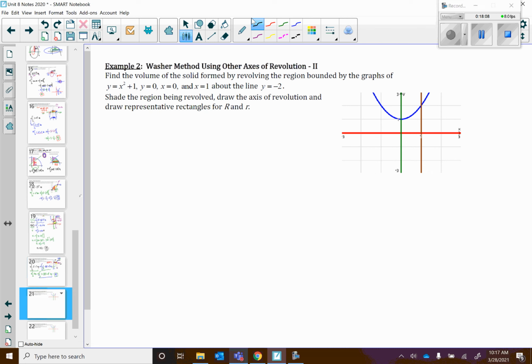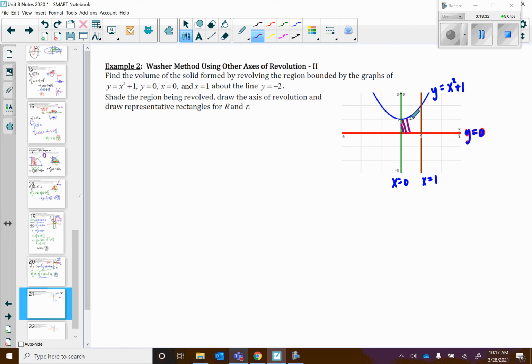We're going to set up this integral again, and you can solve it in your calculators. Same curves, y equals x squared plus 1, y equals 0, x equals 0, and x equals 1.